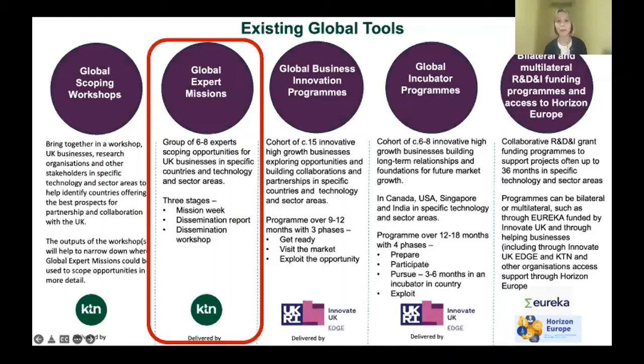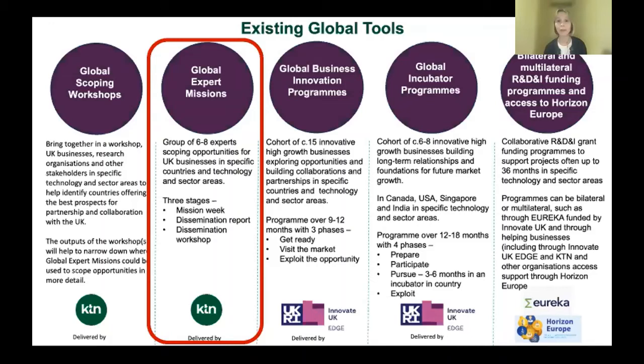The GEMs, the Global Expert Missions, are a little bit different to the GBIPs in that they explore more government to government level collaboration rather than working at the business to business level. But similarly, we run a shorter programme, taking a group of sector experts out, and they spend a week exploring the innovation landscape in the country. They also have an opportunity to meet with government bodies and funding agencies, similar to Innovate UK, when we're out there.